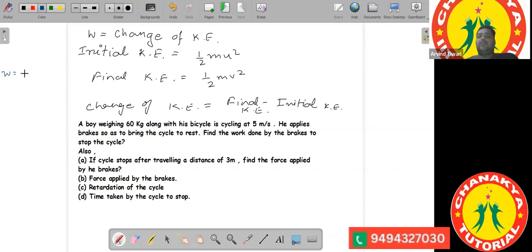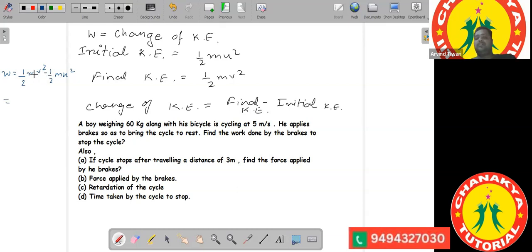The formula for work done is equal to the change of kinetic energy. It was 1 by 2 mv squared minus 1 by 2 mu squared. Our final velocity of the cycle is 0, since the cycle finally comes to a stop.